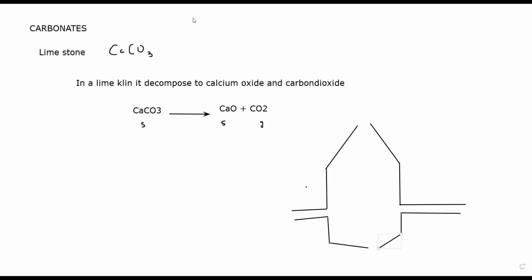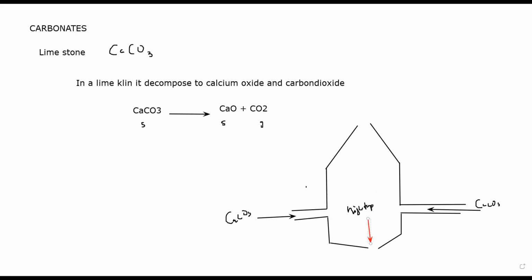In this lime kiln, the furnace is at a high temperature and we add solid calcium carbonate, the limestone, CaCO3. When we add this solid calcium carbonate, the reaction is known as thermal decomposition because by the action of heat, we are forming a product. The solid calcium carbonate is added to this furnace at a high temperature, which causes a decomposition.